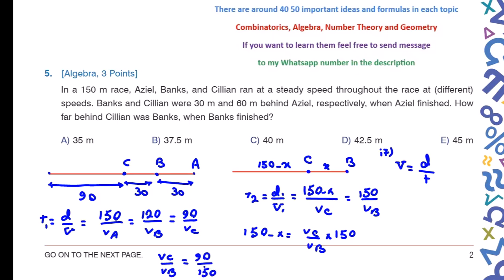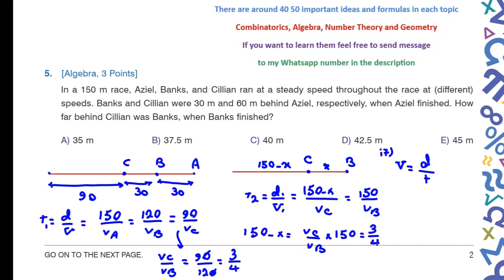Okay. Now this one is what? We can cancel, 3 over 5. Oh, sorry, here it is 90 over 120 because we considered this part. So let me correct this one. So 120, 3 over 4.